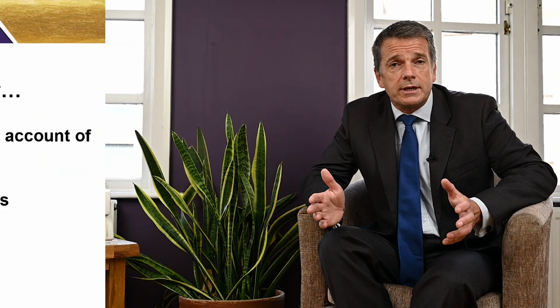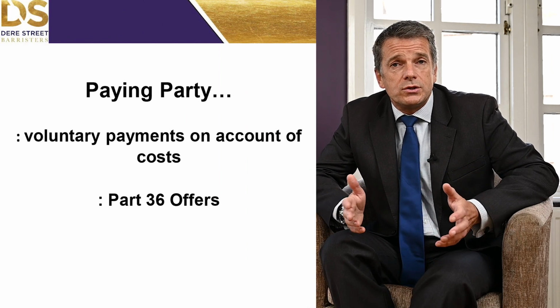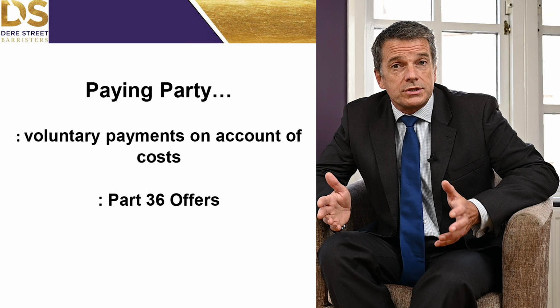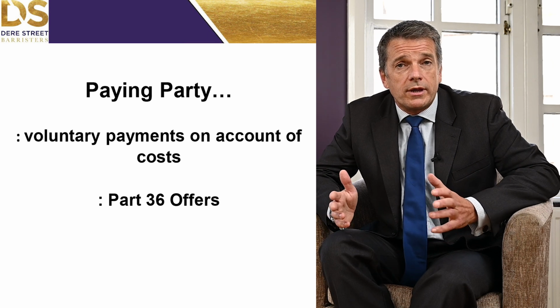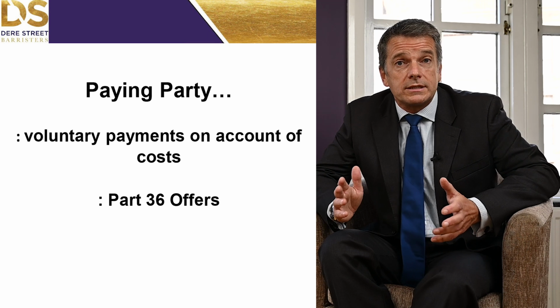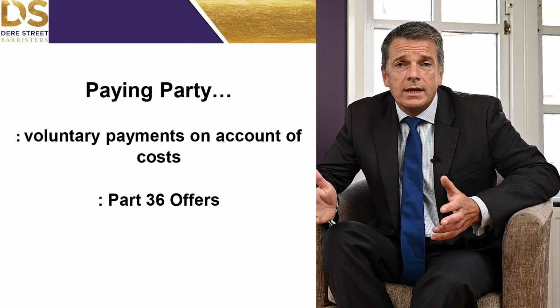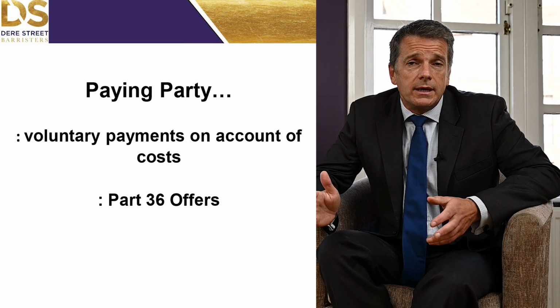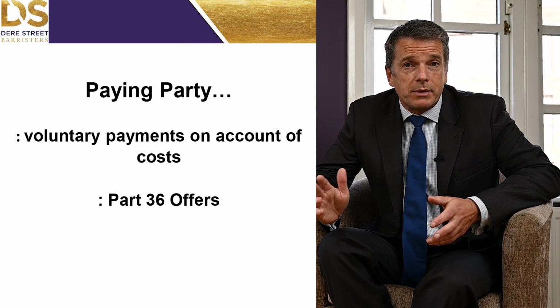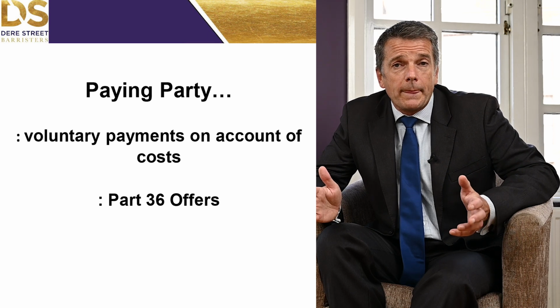The converse, of course, if a defendant is acting reasonably, if a defendant is putting forward reasonable sums to the claimant on account of costs generally, that will give them significant leverage in the event that the claimant nonetheless decides to make an application for anticipatory costs. And the third limb is difficult, but perhaps the most powerful, namely the making of a Part 36 offer.